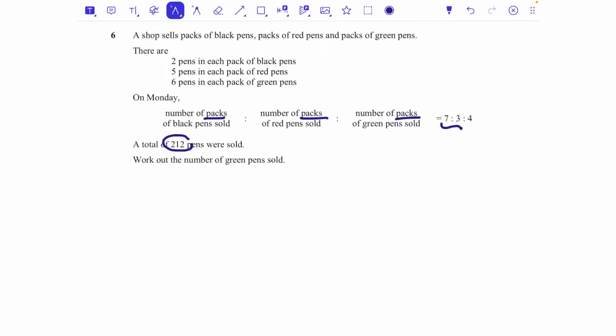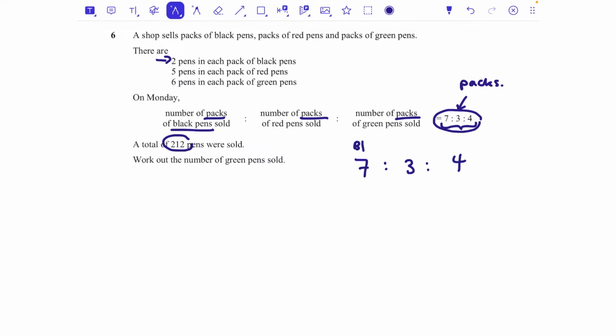Now, normally we'd take this ratio and we'd say, right, I'm going to do 212 and I'm going to share it into that ratio. But this is the ratio for the packets, not the ratio for the pens. So I know that for every pack of black pens that was bought, there are 2 in each pack. So I actually need to take the ratio 7 to 3 to 4.